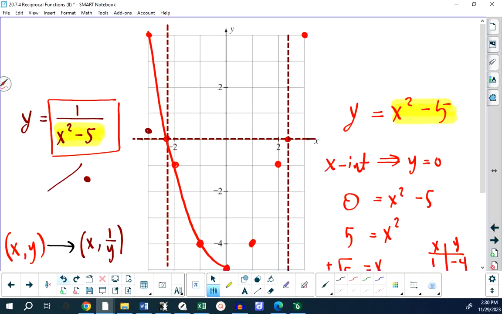The reason why I wanted more points is because there is an invariant point right here. Because this red point on the original function has a y-coordinate of 1, and the reciprocal of 1 is still 1.